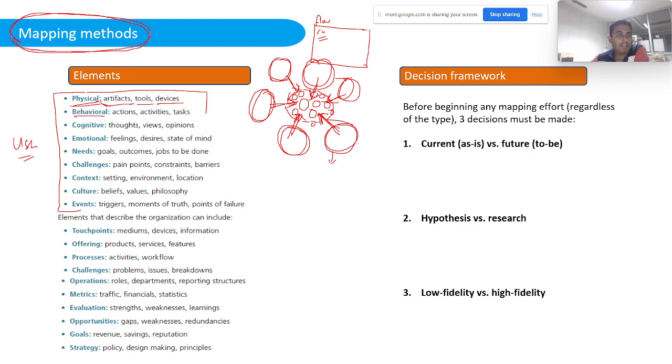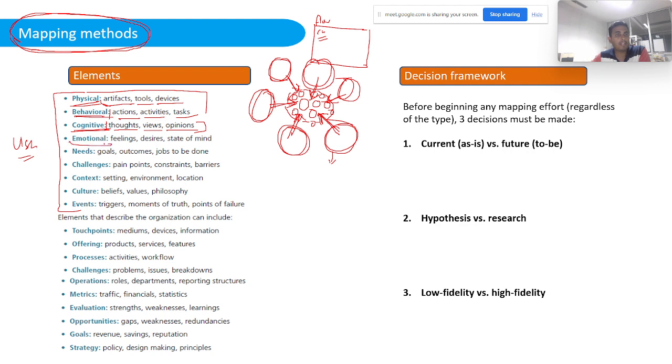Similarly, behavioral information like what actions they took, what activities they performed, what their tasks are, all comes under behavioral elements. Then cognitive information you can collect from think aloud protocol or cognitive walkthroughs. So those can be thought process, viewpoints, opinions. Those are also considered as elements for mapping purposes.